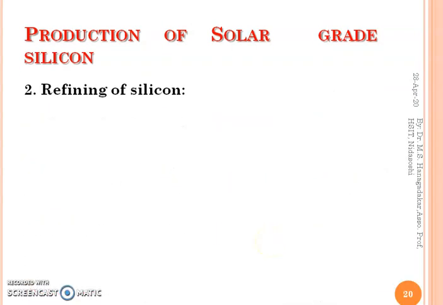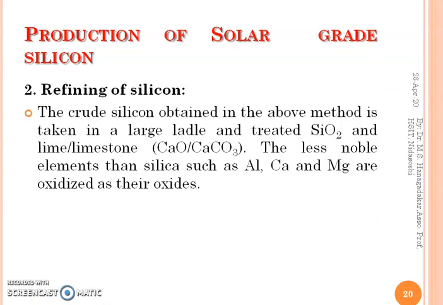Now the second step is the refining of silicon. After manufacturing the silicon, we come to refining. The crude silicon obtained by the above method contains a large amount of impurities.